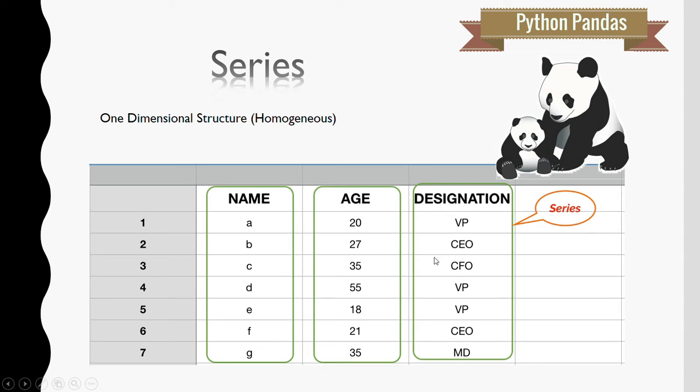Each column contains values of a single type, so we can call it a series. Age is a separate series which contains integer values, and name is a separate series that contains character or varchar values.